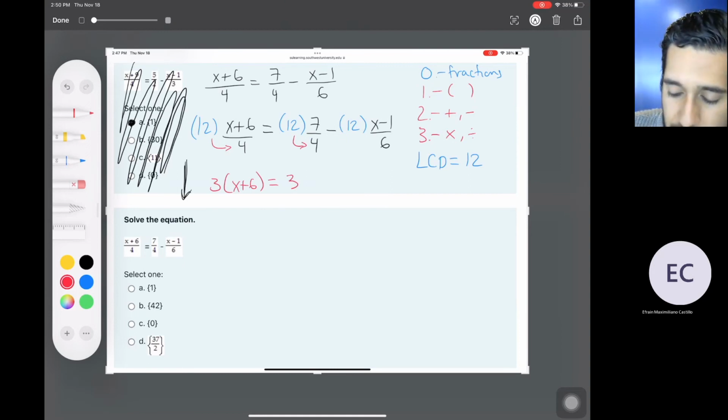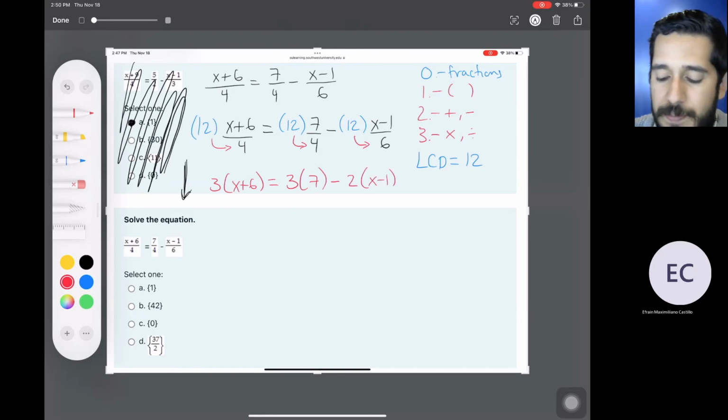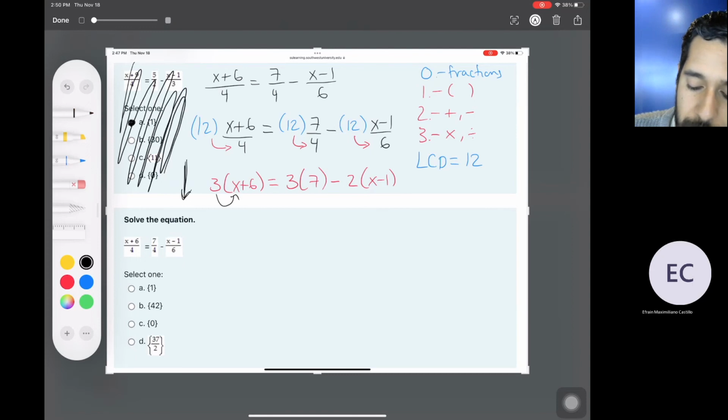That's also going to be 3 times the top of my fraction, which is 7, minus, and then I have 12 divided by 6. That's going to be 2 times the top of my fraction. Okay. Next step, or step 1, is going to be getting rid of the parentheses. So doing distributive property in there, 3 times x and 3 times 6.